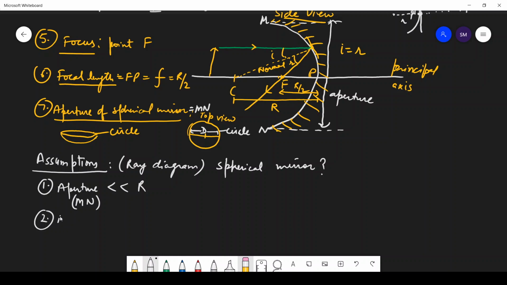So the incident rays are incident near the pole, near the principal axis.